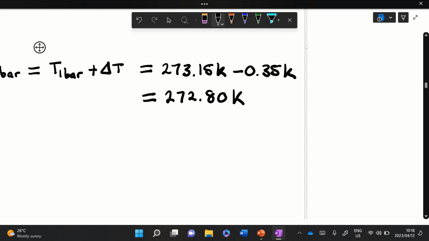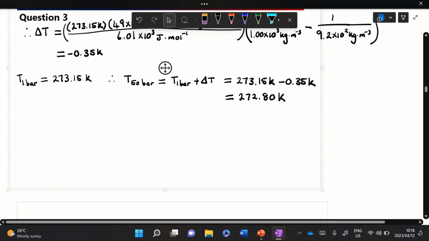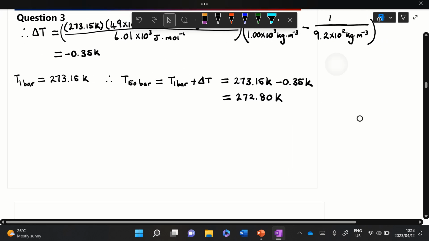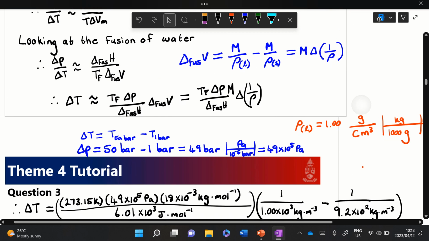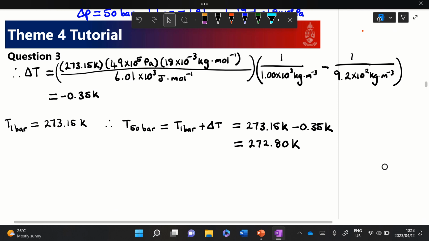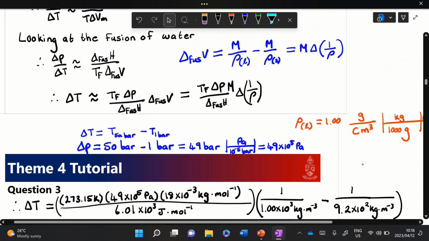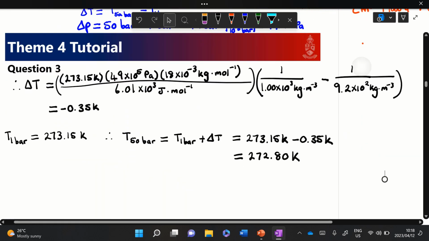Okay. So we see there's a decrease in the melting temperature, which is similar to something we saw earlier with the 10 megapascal example, which was way earlier. So this is something that you can use. You can also use the other equation, of course, but you can also use this method to rewrite the Clapeyron equation and do the approximations.